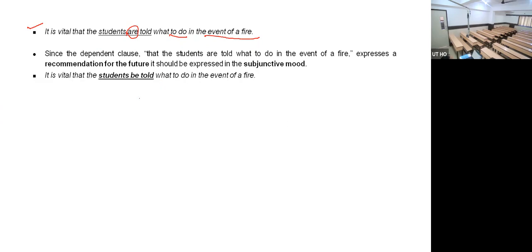So here again, this will not be are told, it will be told. Okay? The structure of the sentence changes a little. It is vital that the students be told what to do in the event of a fire. Right? So we keep them informed of what to do. So we will not use are told, it will be told. You can write it down so that if you get a sentence like this, you know what it is.